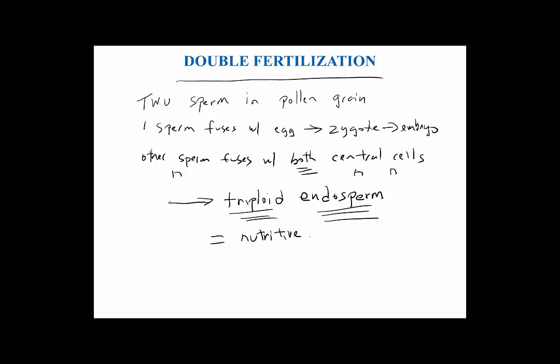Remember that this baby embryo needs to develop and has to have some food when it starts life. And basically what this seems to be, this phenomenon of double fertilization, which is the flowering plant thing, where the pollen grains have two sperm. One of them fuses with the egg to make ultimately an embryo.